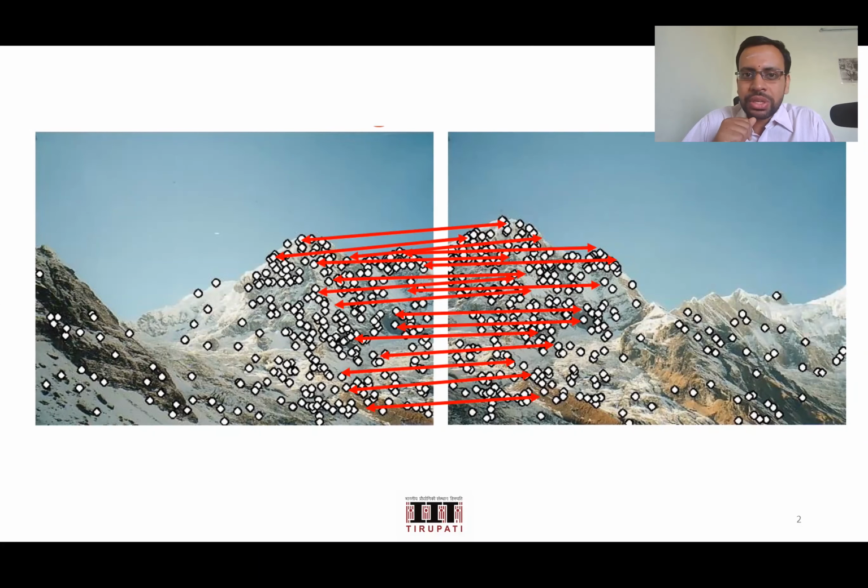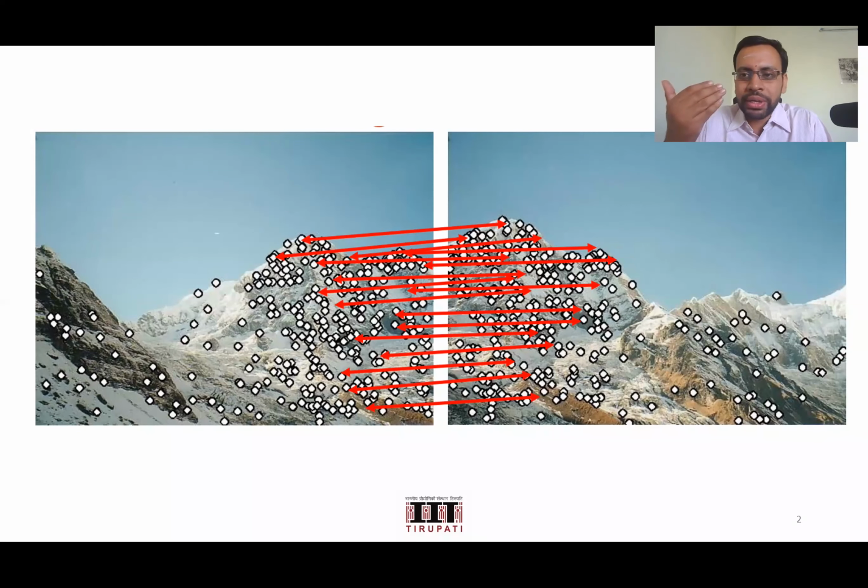And then we have also seen how many degrees of freedom would be required for each of those transforms in order to compute them, how many sets of pairs of points are required. That's what we discussed. And then another thing we did is, for example, you are able to compute this transformation.